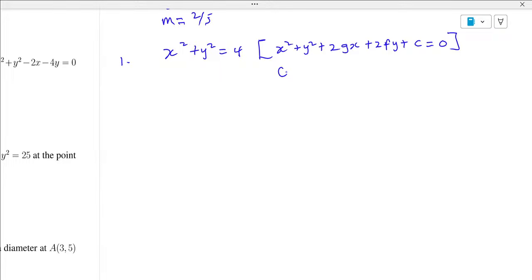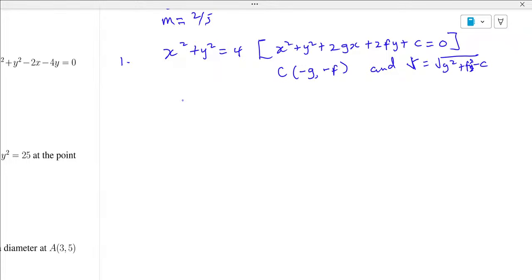The center from the general form is given as negative j, negative f. And our radius r is given as the square root of j squared plus f squared minus c.